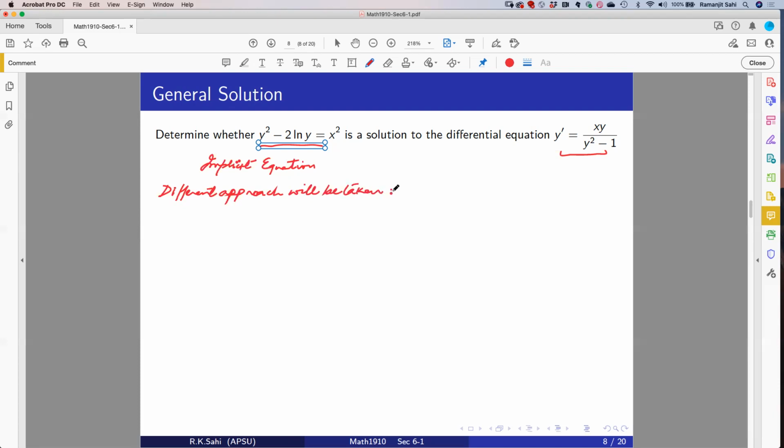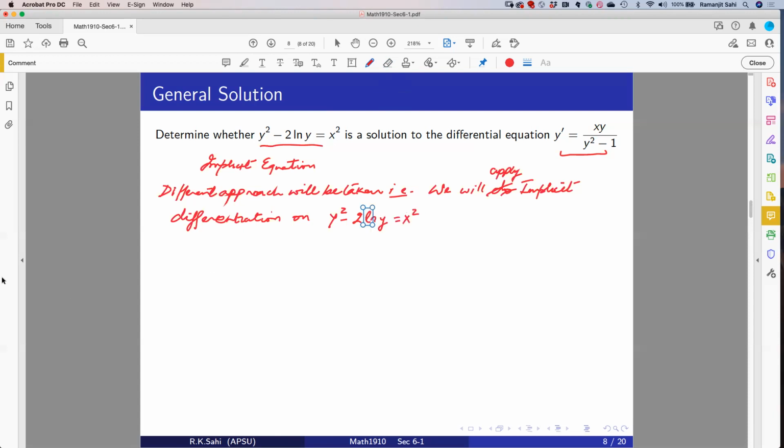And that approach is that we will do implicit differentiation, or I would say we will apply implicit differentiation on this equation: y squared minus 2 natural log of y equals x squared.